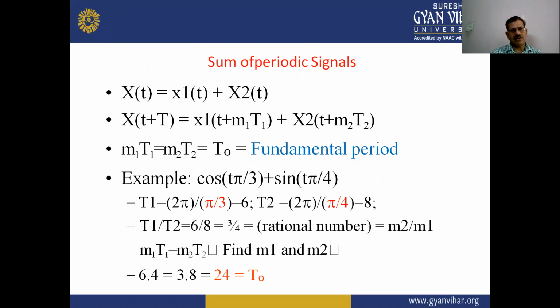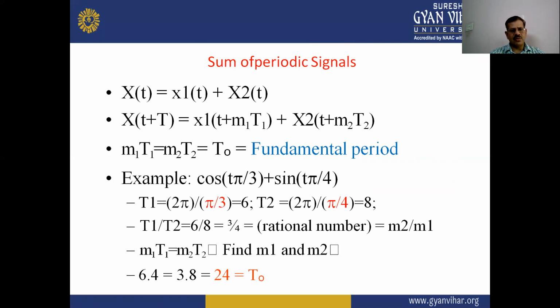So x(t) equal to x1(t) plus x2(t), and x(t plus T) equal to x1(t plus m1 T1) plus x2(t plus m2 T2), where m1 T1 equal to m2 T2 equal to T naught, the fundamental period of the signal. For example, cos(t pi by 3) plus sin(t pi by 4).